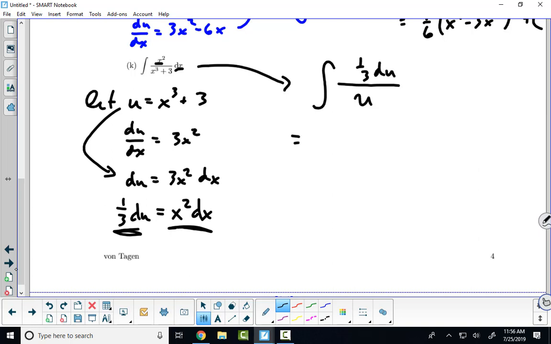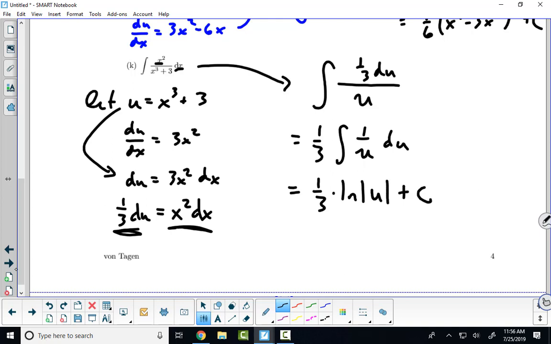Which I could rewrite as 1/3 times the antiderivative of 1 over u du, which is equal to 1/3 times what? Natural log of absolute value of u plus your obligatory constant.